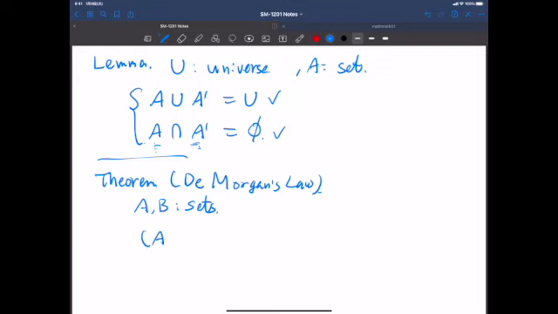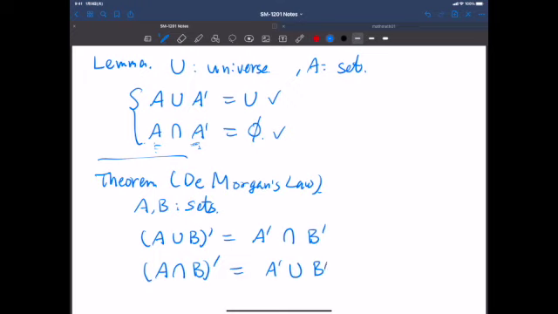Then the complement of A cup B is equal to A complement cap B complement, and the complement of A cap B is equal to A complement cup B complement.